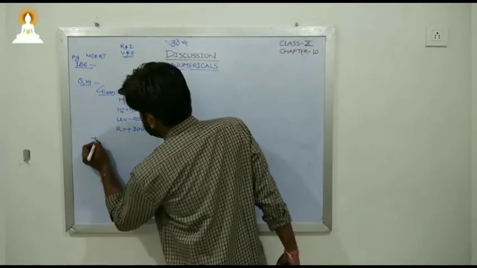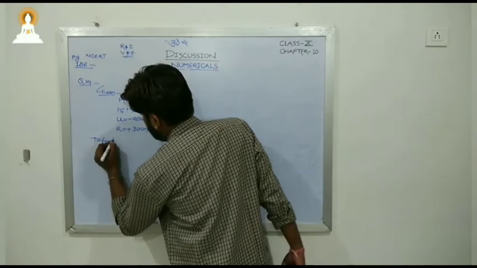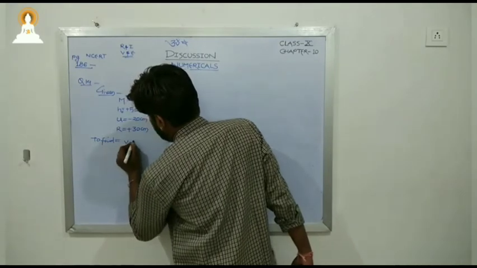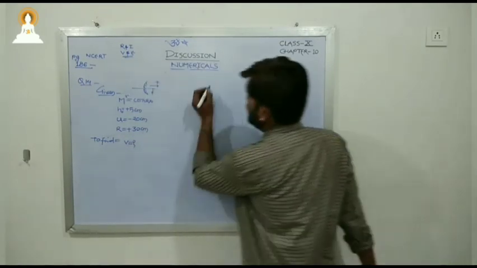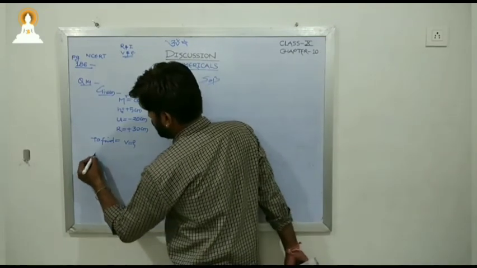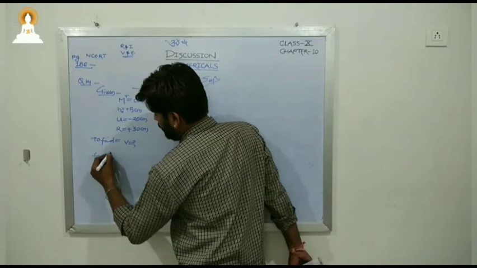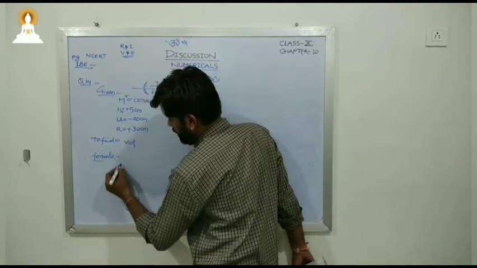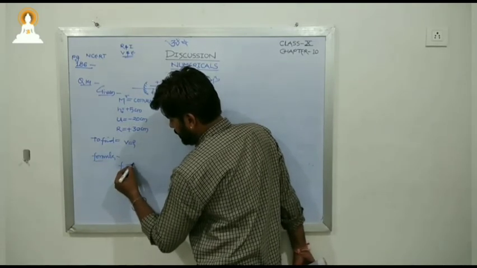So to find is what? v we have to find. Now let us move towards solution. Before that, if you write the formula, then formula is basic. That is f. f is nothing but what? R by 2.